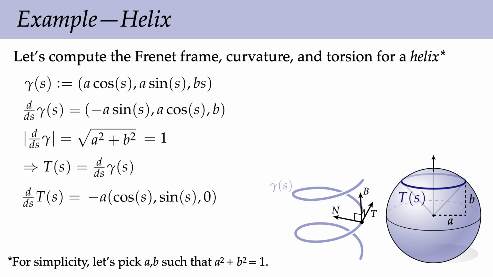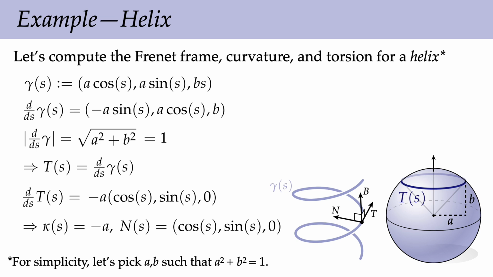The curvature is therefore a. Why? Well, again, we said the change in the tangent is the curvature times the unit normal. So (cos s, sin s, 0) is a unit vector, so that must mean that a is the curvature, and N is given by just this unit vector, (cos s, sin s, 0).